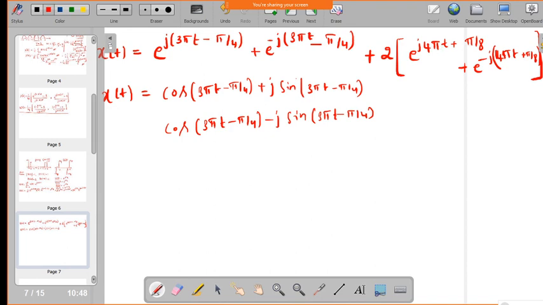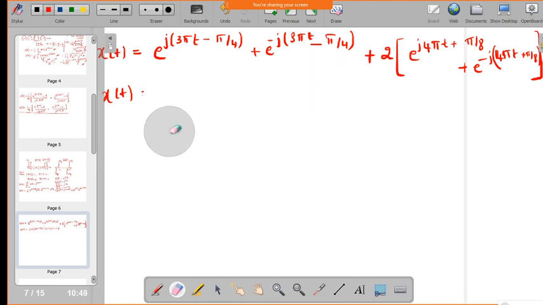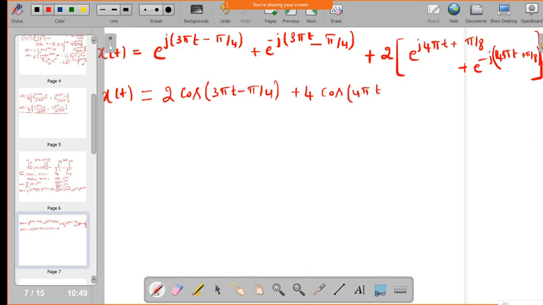So now the final expression: x of t equals 2 into cos of 3 pi t minus pi by 4 plus 2 into 2, which is 4, 4 into cos of 4 pi t plus pi by 8. This is the final expression for x of t for that particular spectrum.